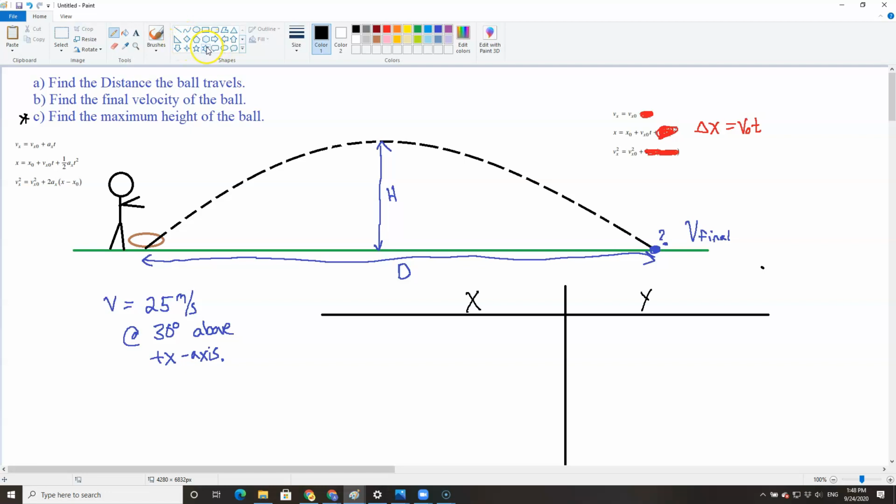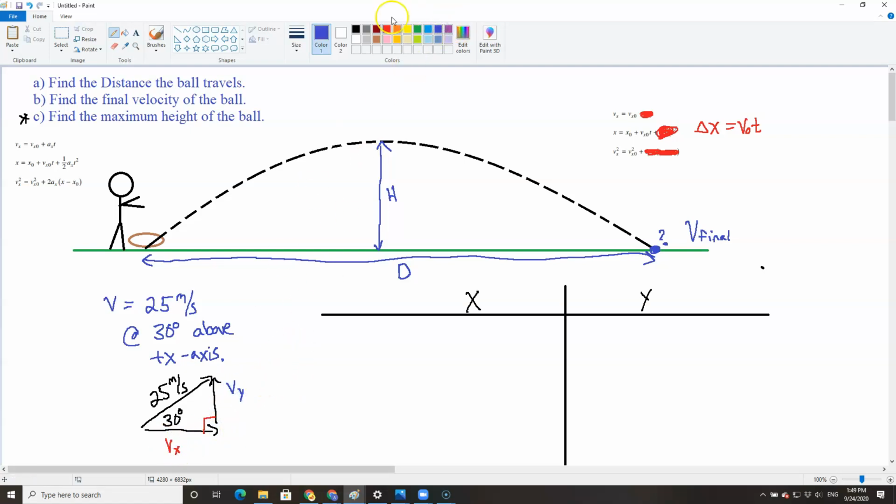Now, the next thing I want to talk about is how we have this football being punted at a 30-degree angle. So we can't actually use the 25 meters per second in any of our calculations. We have to use SOHCAHTOA to split it up. So I built a right triangle in which I will have Vx and I will have Vy.